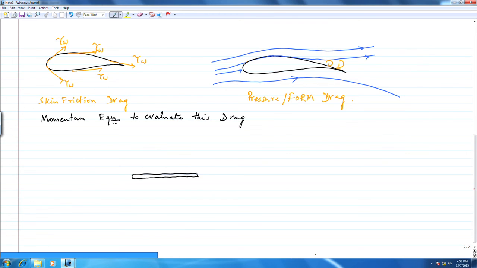Okay, so let's look at the flat plate like that, and then I'm going to draw this somewhere here, and this somewhere here. Okay, and these are the two locations. I'm going to have to confine a boundary somewhere, right?